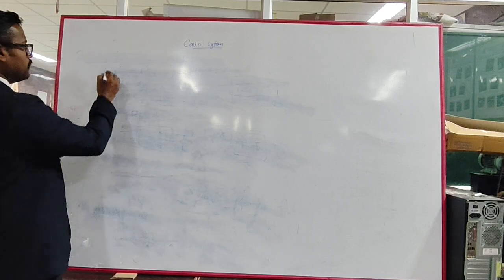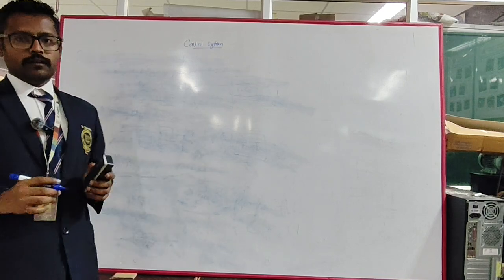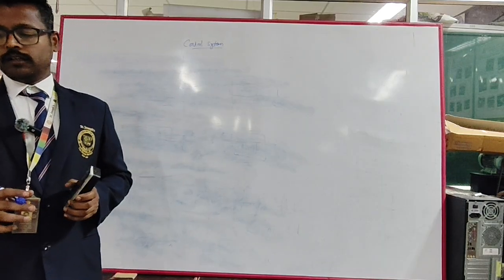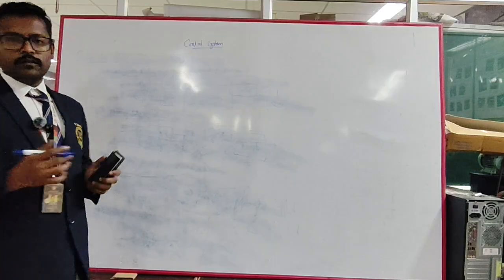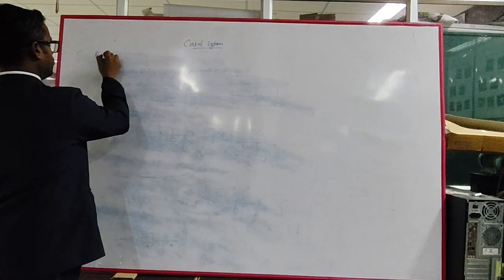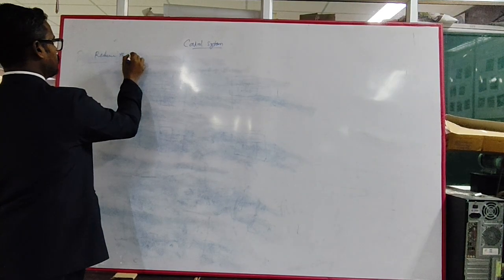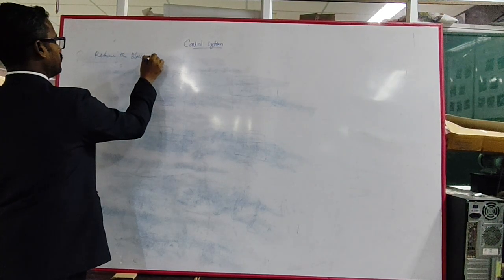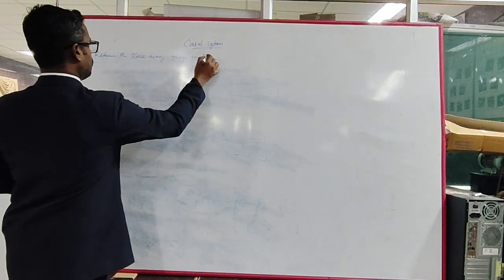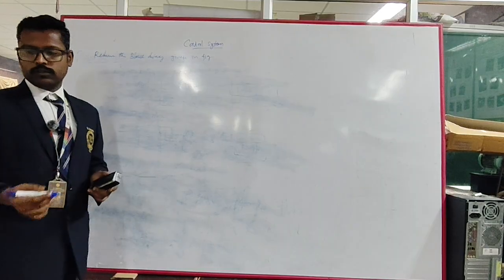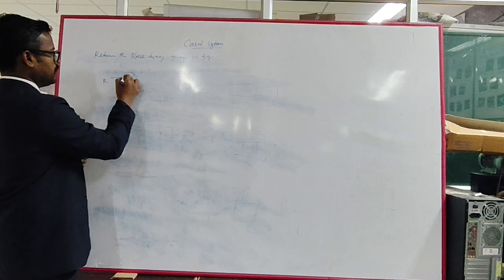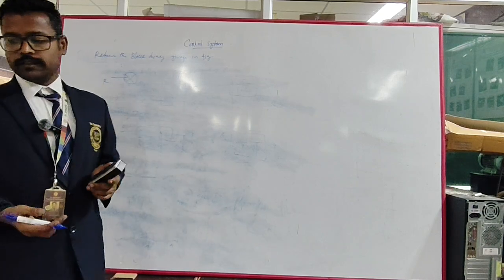The question is: reduce the block diagram given in the figure. Okay, so first we are taking the reference signal R and it will be multiplied, that is a summing point.